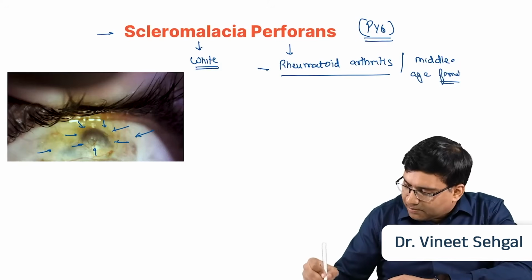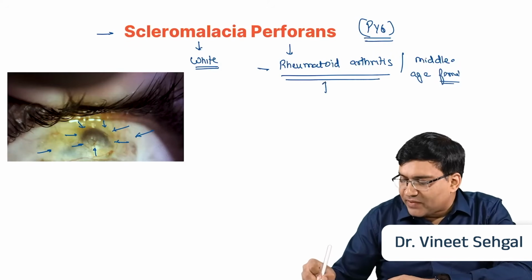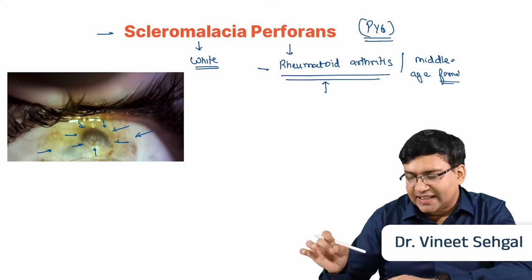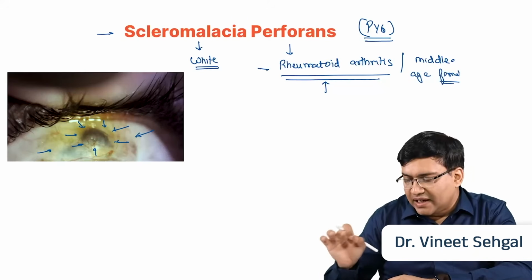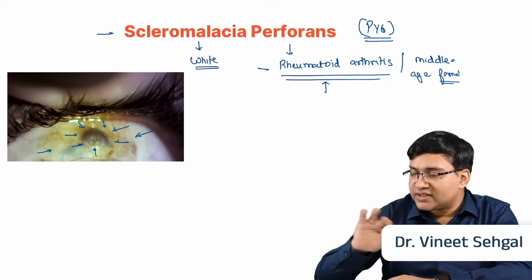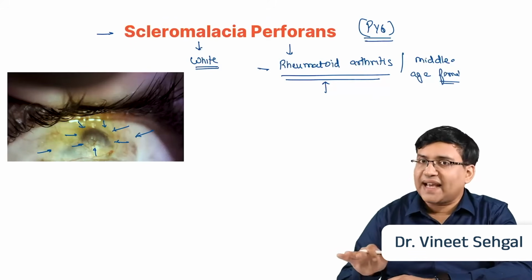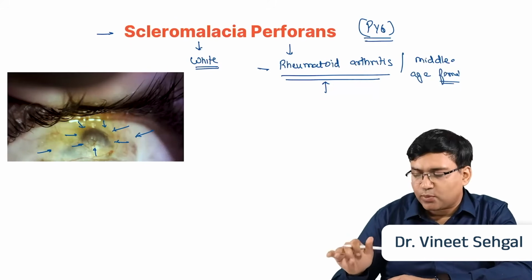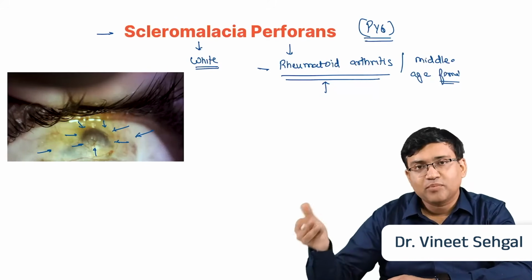So the very important point here is the association with rheumatoid arthritis and white sclera and the uveal tissue that you can see from outside, because there is a thinning of overlying sclera. These are important points regarding the scleromalacia perforans.